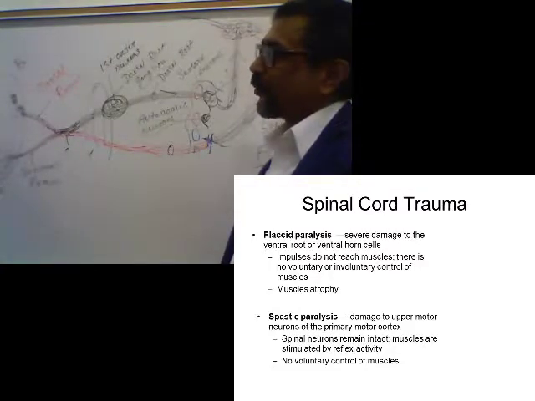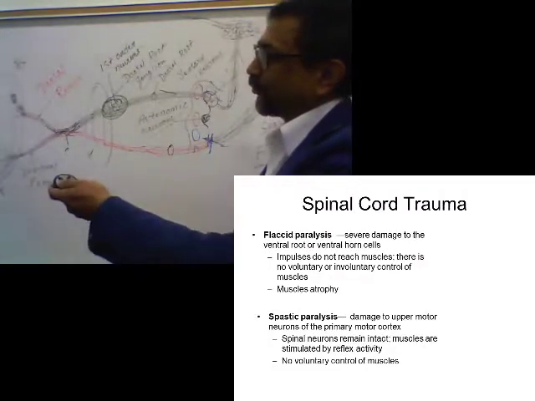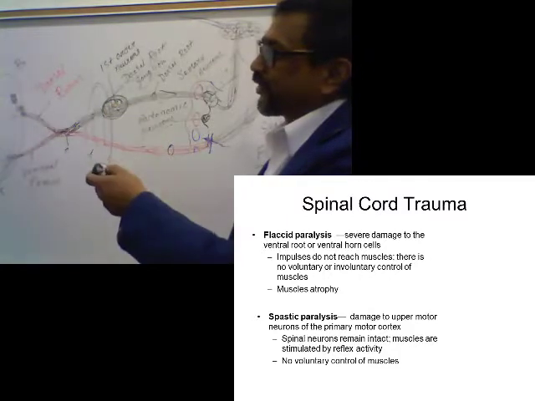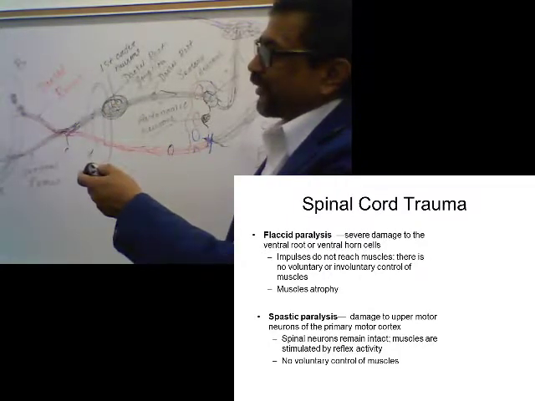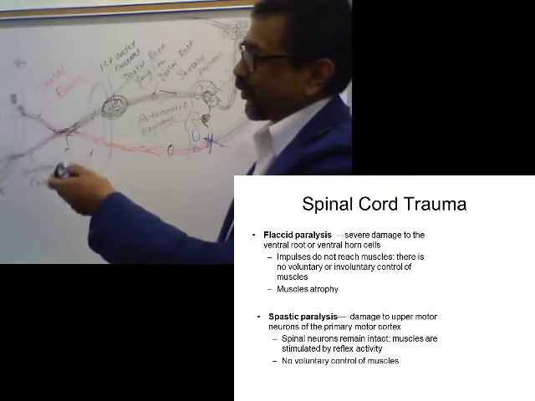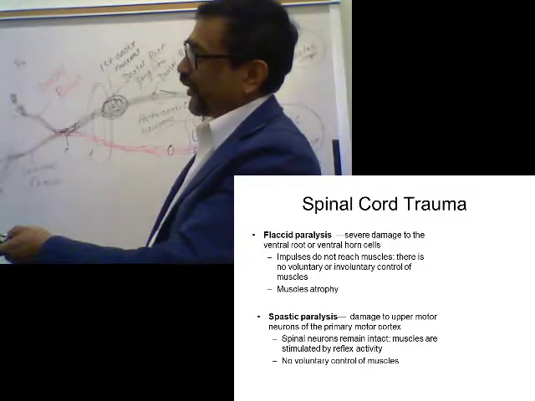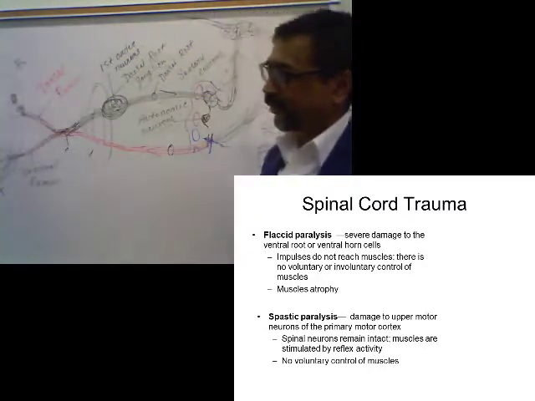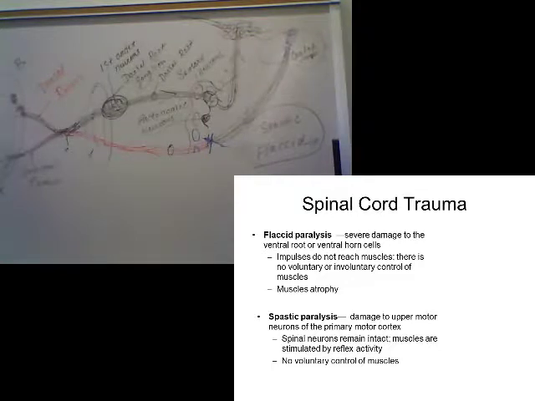Here you see the upper motor neurons, this one in the cortex, and then the fiber goes all the way down to the ventral horn. You see the lowest part, the ventral horn here, and to the muscle. Okay.